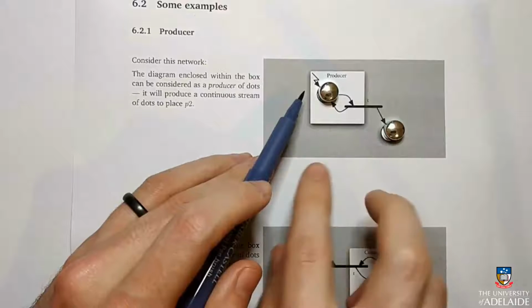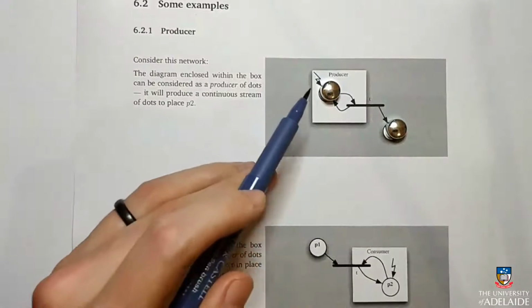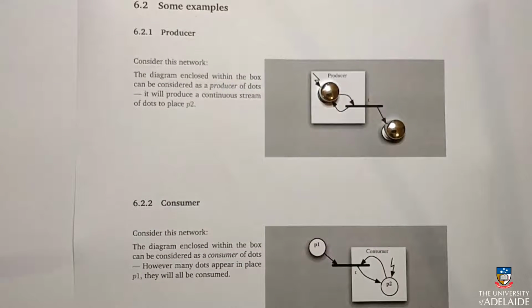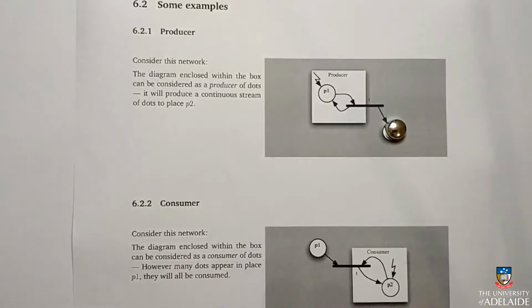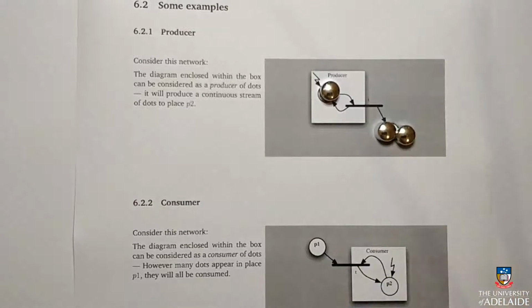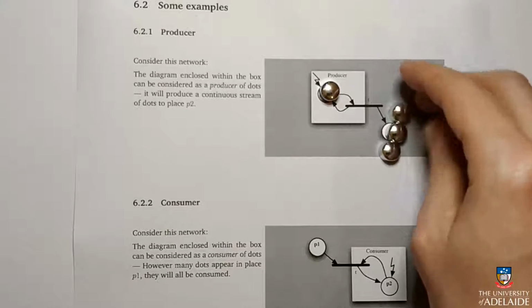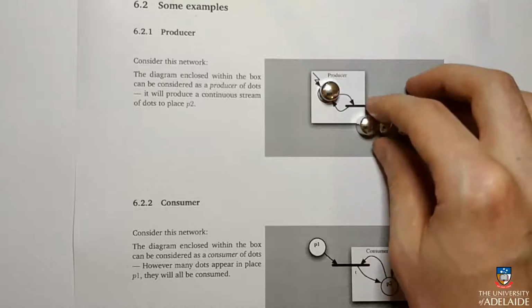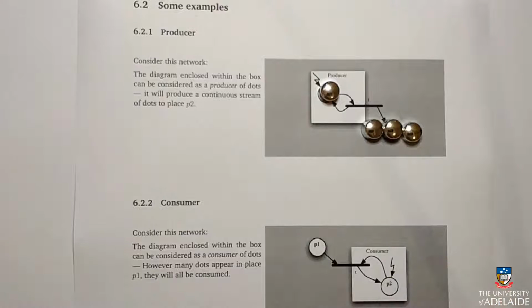Now both places are populated, and we can keep repeating this. This input gets consumed again, the output gets produced, and we end up with 2 tokens here and 3 tokens here. Now we probably don't want multiple tokens in this other place, especially if the tokens represent the presence of a train in a section of track, because we said that we don't want multiple trains in the same section of track, as then things go crash. We want to avoid that.